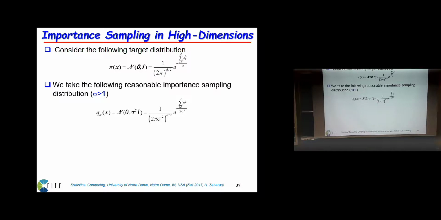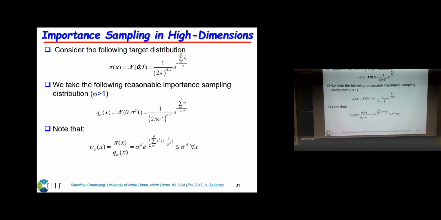At the end of the day, the variance of the weights has to be finite. Because if the weights start blowing up, and you have an estimator in terms of the W's, right, a summation of W's times the delta functions that you have, if the variance of each W goes to infinity, what estimator is that? Not very useful, right?